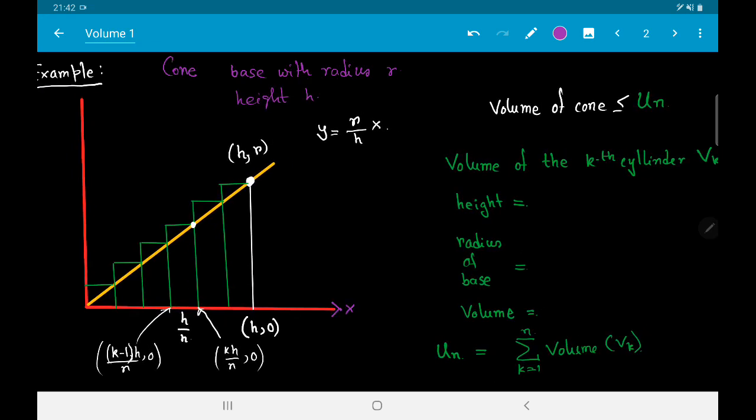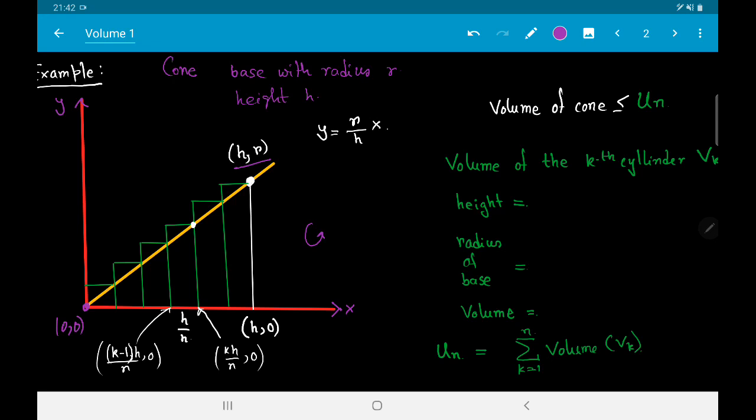Here this is our x-axis, this is our y-axis, this is our origin, and we are going to draw a line that joins the origin to the point (h, r), and this gives us a triangle that you can see in the picture. You may also observe that if we rotate this triangle around the x-axis, then what you get is a cone.